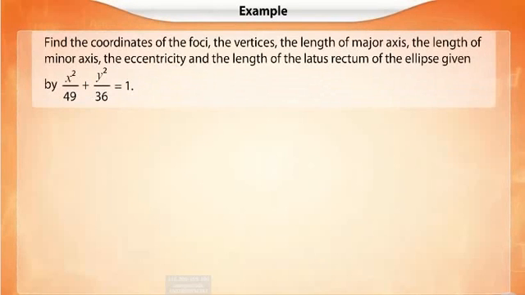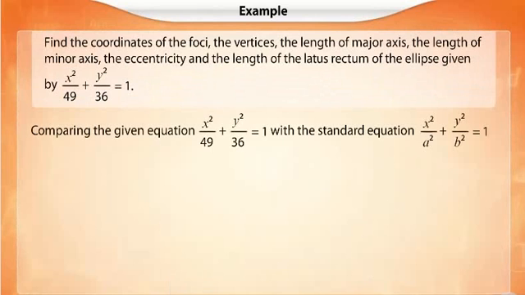Next, let us see an example. Find the coordinates of the foci, the vertices, the length of major axis, the length of minor axis, the eccentricity, and the length of the latus rectum from the given information. Comparing the given equation with the standard equation, we get a equal to 7 and b equal to 6.